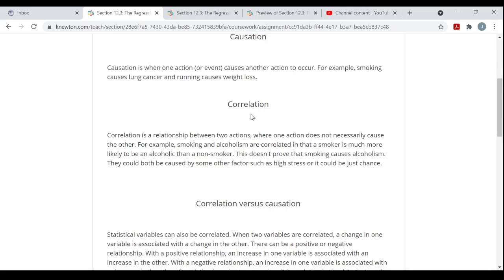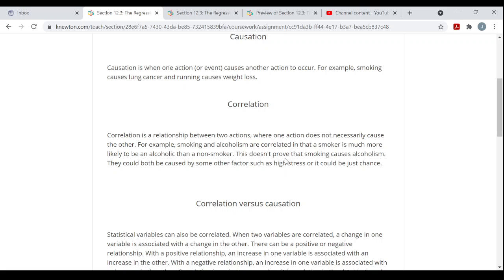Versus correlation. Correlation is a relationship between two actions, where one action does not necessarily cause the other. It could, but it doesn't mean it does. For example, smoking and alcoholism are correlated in that a smoker is much more likely to be an alcoholic than a non-smoker.